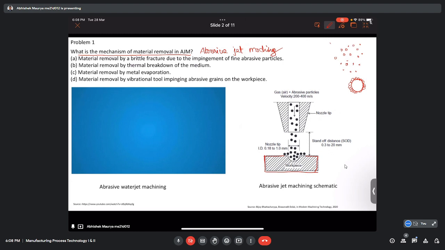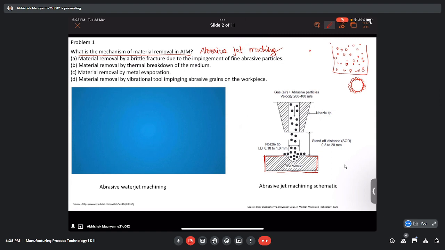But before that, let's quickly see its mechanism. What we do here is, we have a collection of abrasive particles, and somehow we create a jet of these abrasive particles.